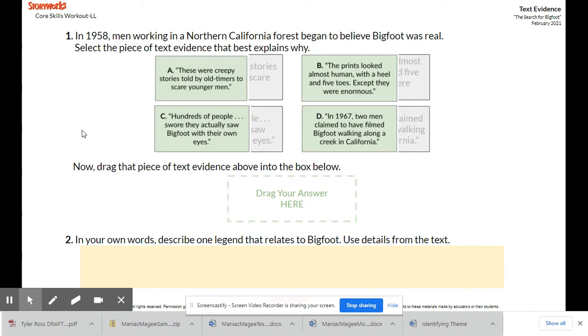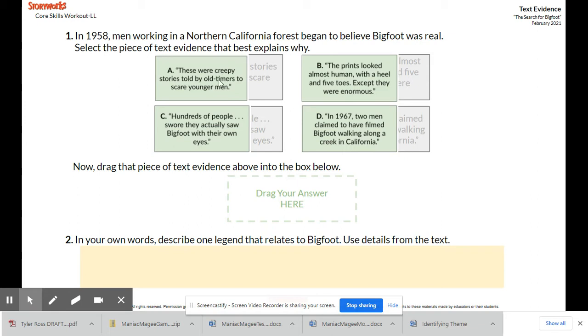Number one says in 1958, men working in a Northern California forest began to believe Bigfoot was real. Please select the piece of text evidence that best explains why. So they give you four choices, and notice they are all in quotations, proving they came from the text.